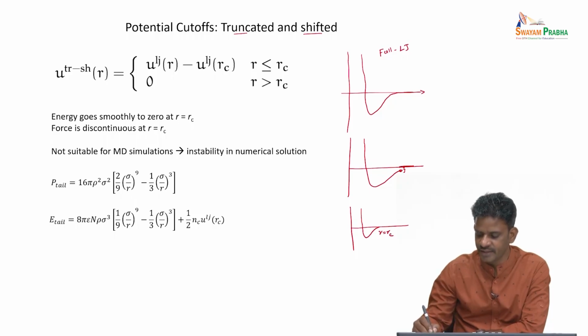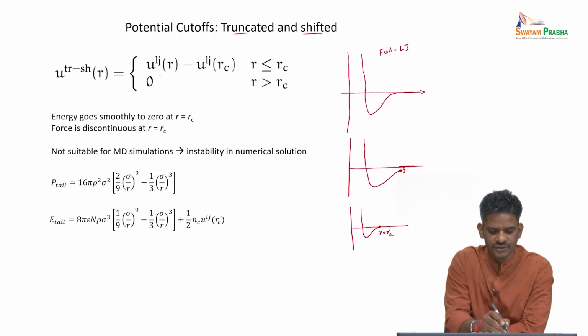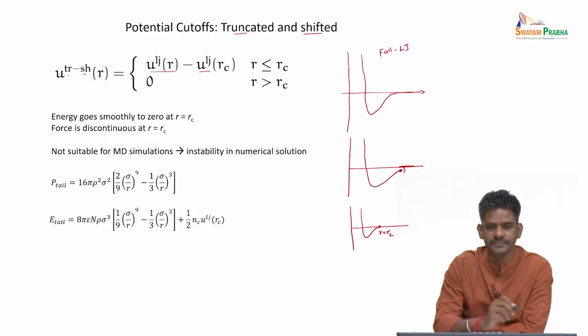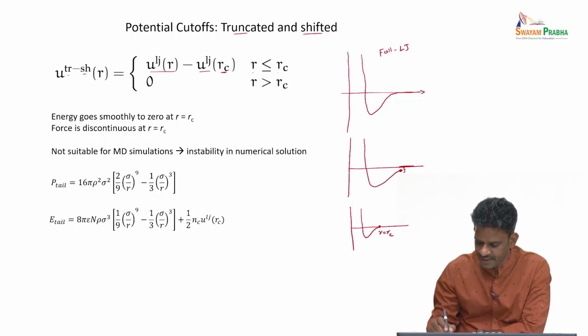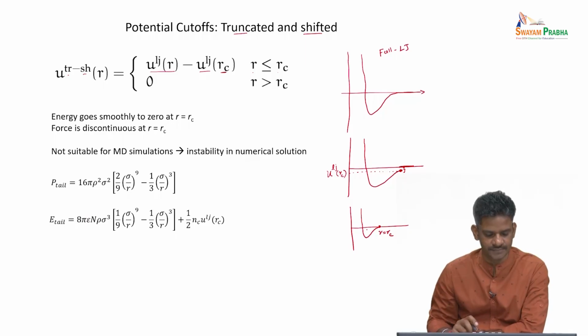So, mathematically you can show that for r less than or equal to rc, the truncated and shifted potential is given as the Lennard-Jones full potential minus the Lennard-Jones potential calculated at r equal to rc. So, that would be the value right here. So, this is going to be U_LJ at rc. So, this much amount is now subtracted, so that this point comes to 0 here at r equal to rc.